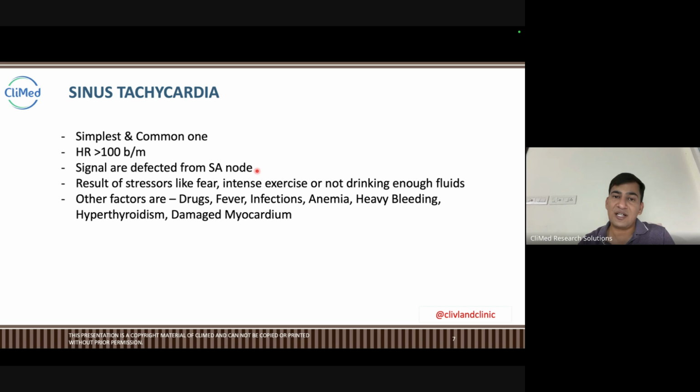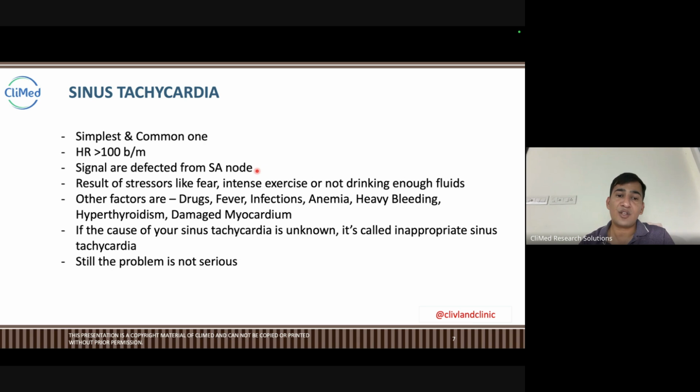Immunological drugs and HIV drugs can lead to it, right? So there are drugs which can cause tachycardias. And then fever also can lead to tachycardia. Infections, anemia, heavy bleeding, even in the menstrual cycles, heavy bleeding can lead to tachycardia. Then hyperthyroidism, damaged myocardium, these all can lead to sinus tachycardia.